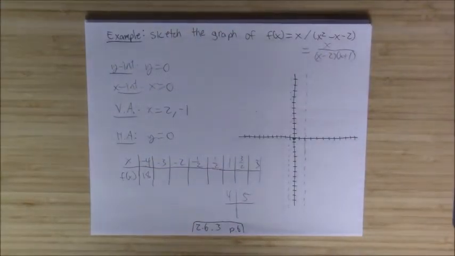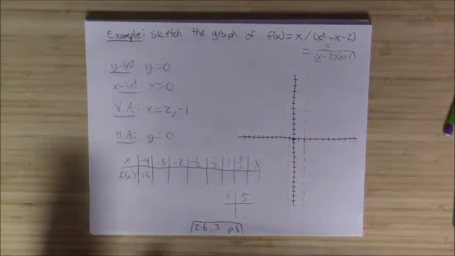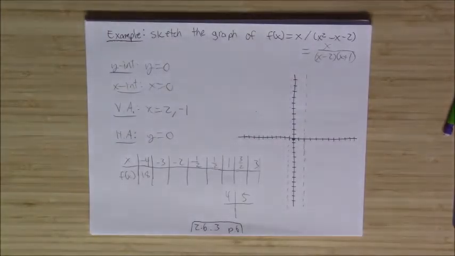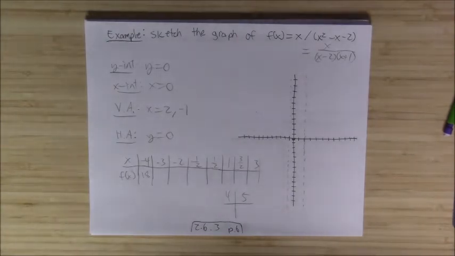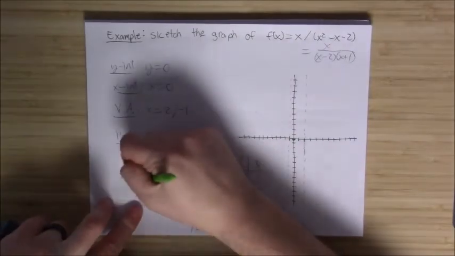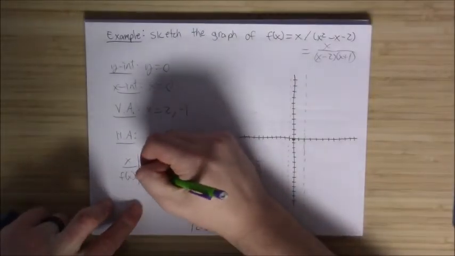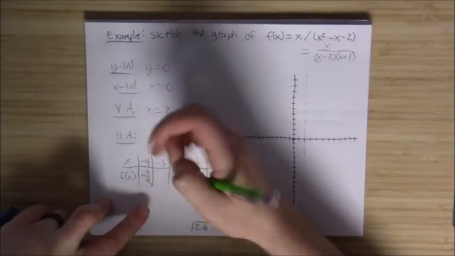So that's -4 over 18, so -2 over 9. Sorry about that.